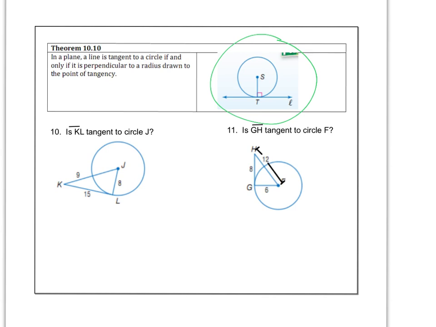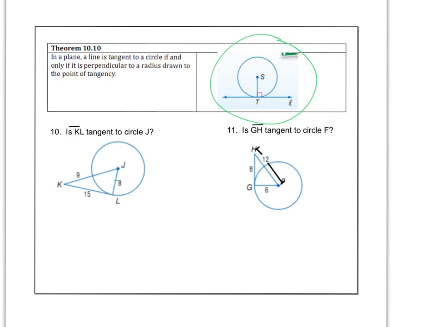So it says, is segment KL tangent to circle J? Well, if it is tangent, this corner down here would be 90 degrees. So we're going to try to figure out, is that a right angle? In order to figure that out, we can use the Pythagorean theorem. And so we want to do a squared plus b squared equals c squared. But one thing is a little bit tricky here.